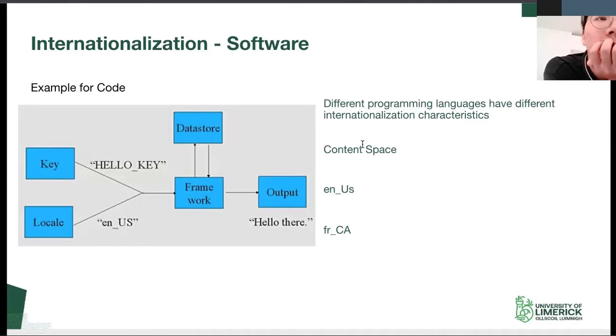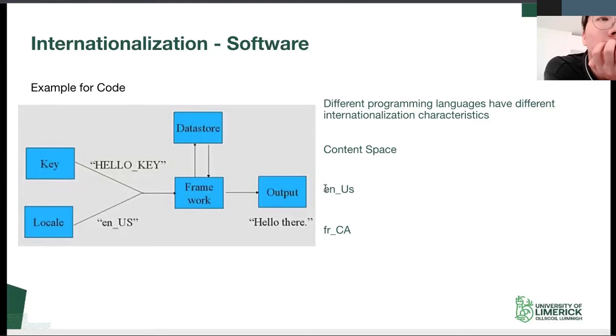If you are building an application and need to choose a development language, take a look at the internationalization features of each considered language, because some programming languages have better support than others.